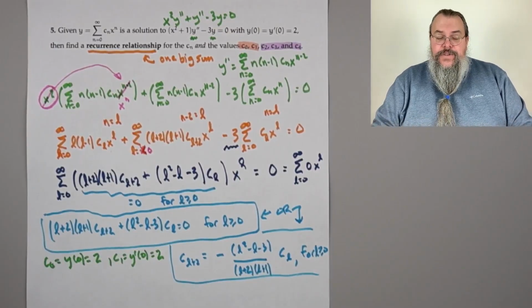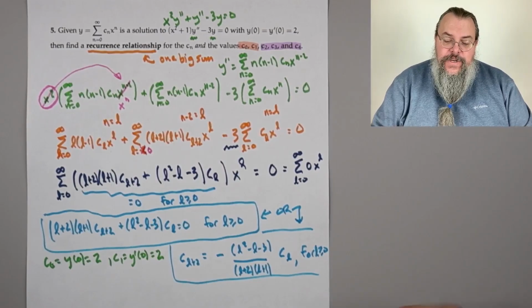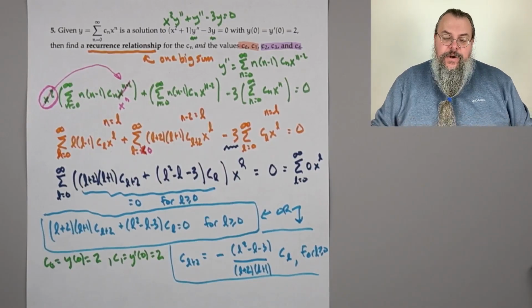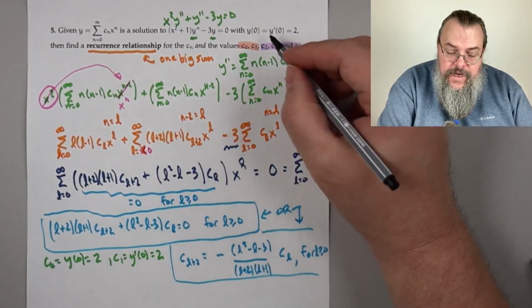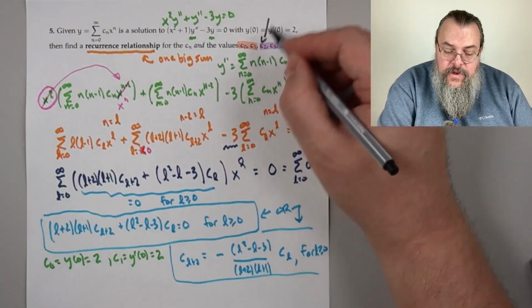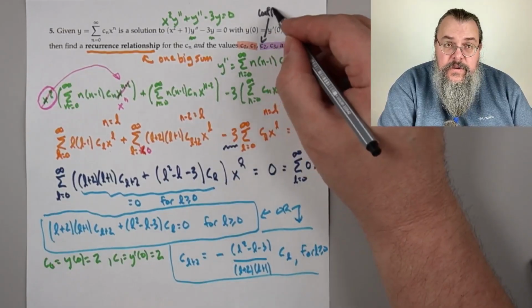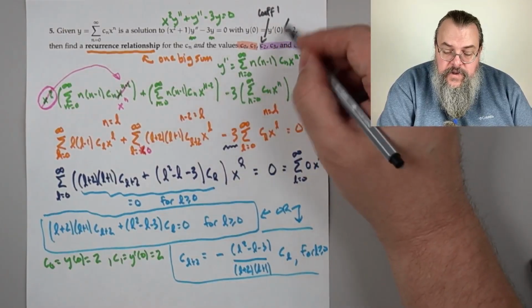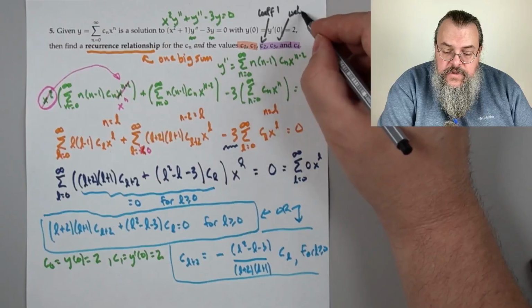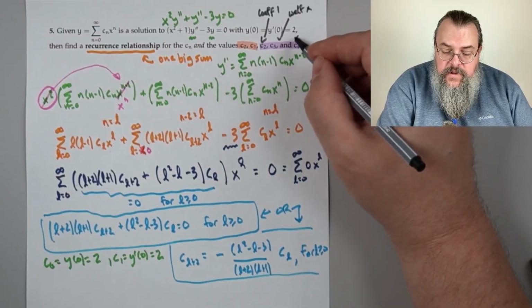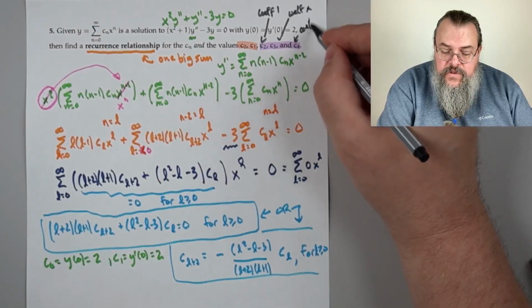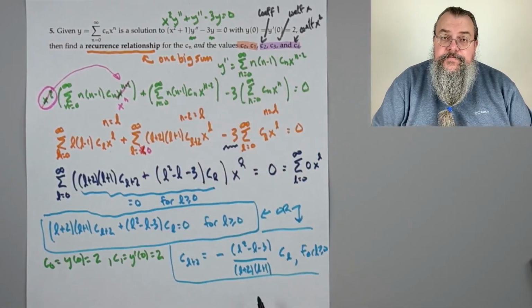How do we find the rest? Well, the answer is we look at coefficients. So in particular, for C2, this is the coefficient of 1. C3 is the coefficient of x, and C4 is the coefficient of x squared.